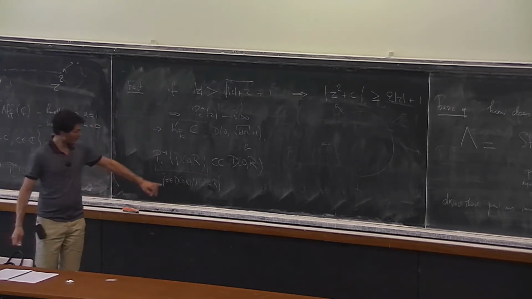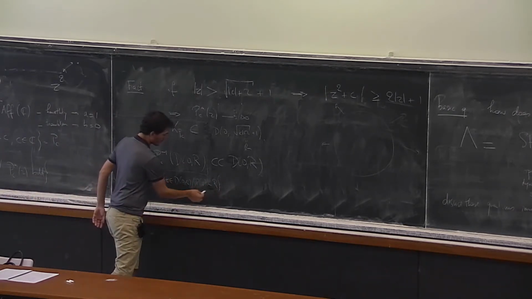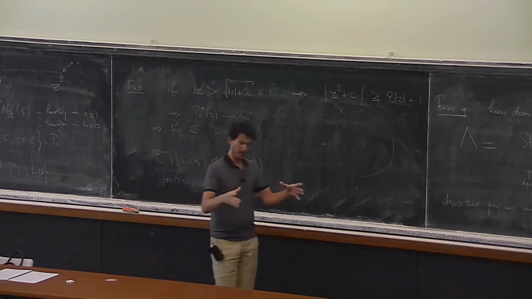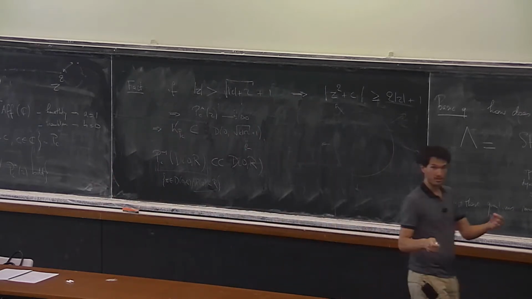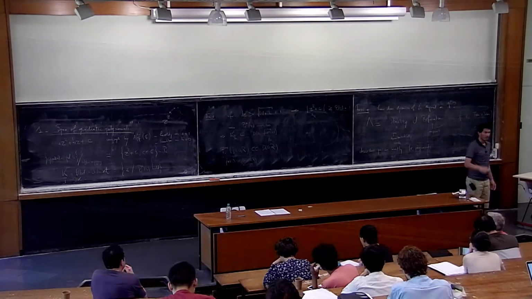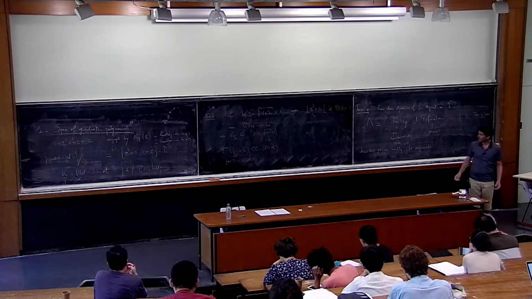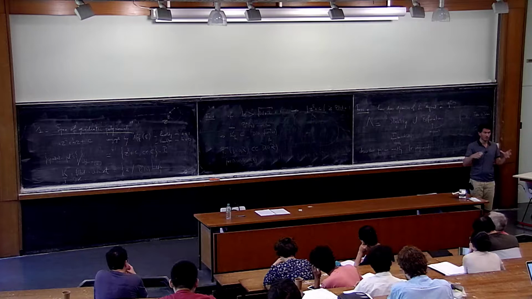So when you have a region like this, the set of points where a polynomial is smaller than something, it is something bounded by a certain level curve, and by the maximum principle, it is a union of disks.